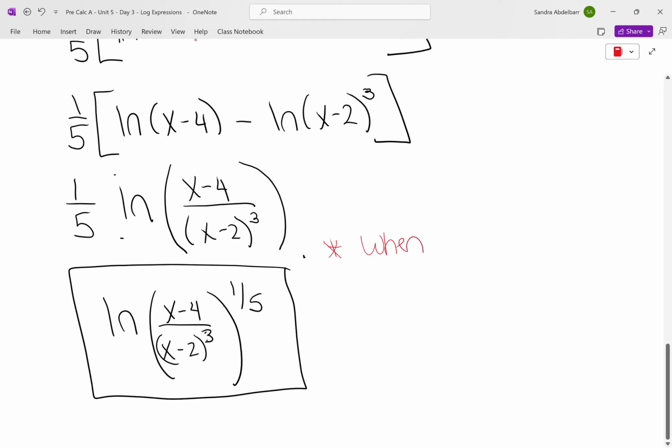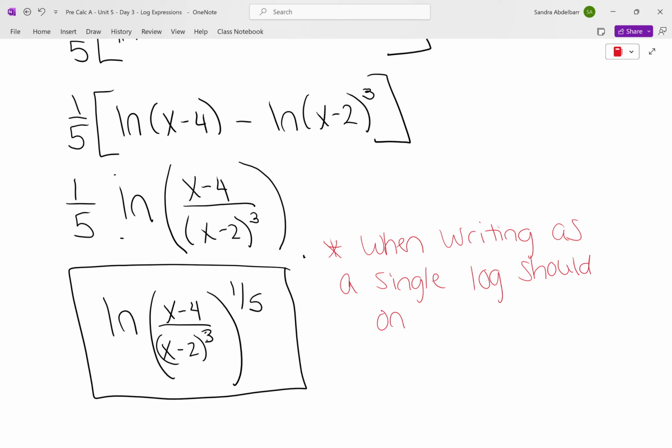So let's put a star and write this down so you don't forget. When writing as a single log, you should only have one log written in your final answer.